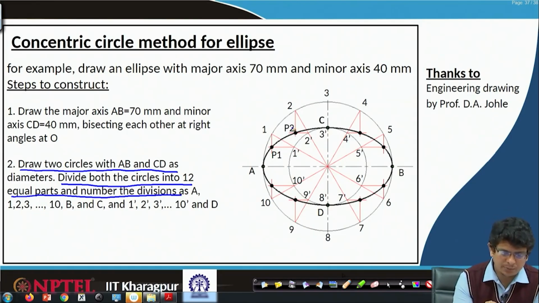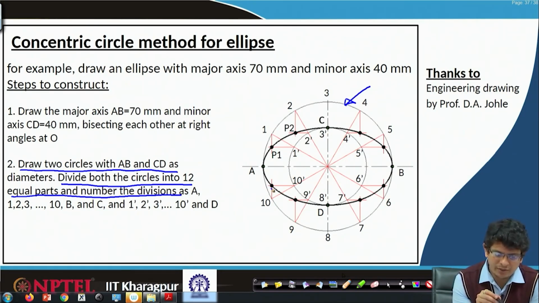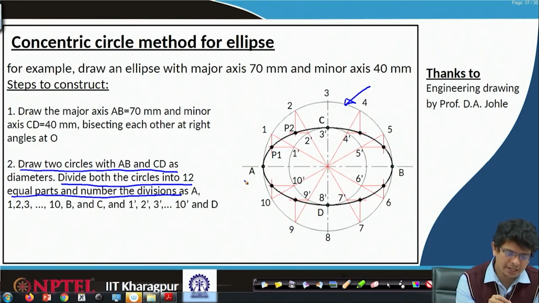So, let us pick the outer circle. For this outer circle, the diameter is 70 mm. One has to divide it into 12 equal parts. It can be 12, 24, an equal number of parts, for both the major axis based circle and also the minor axis based circle. Here we are going to make 12 parts.